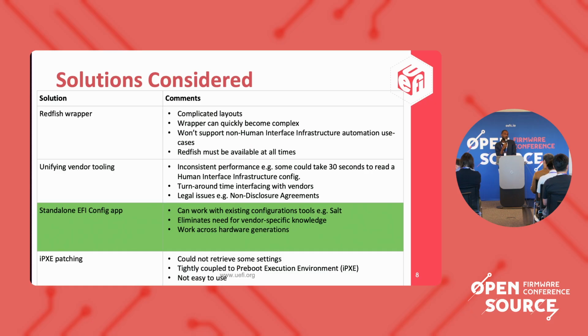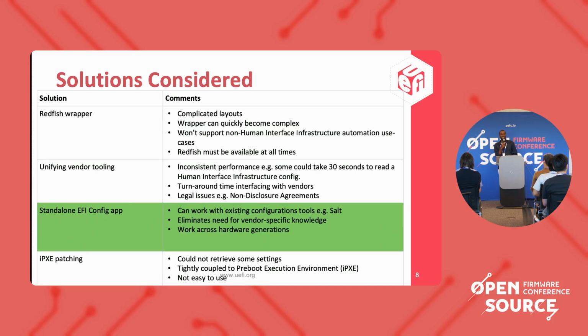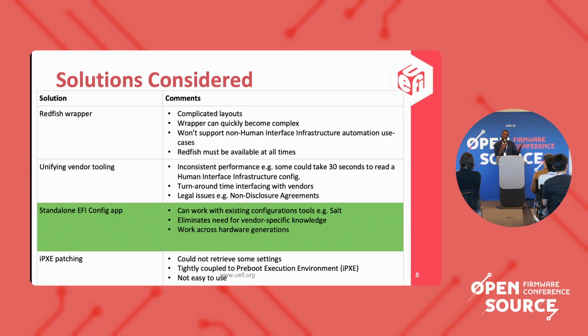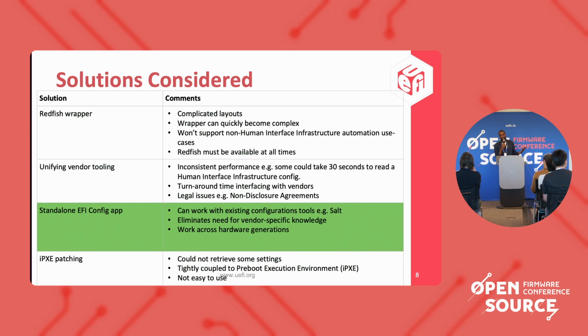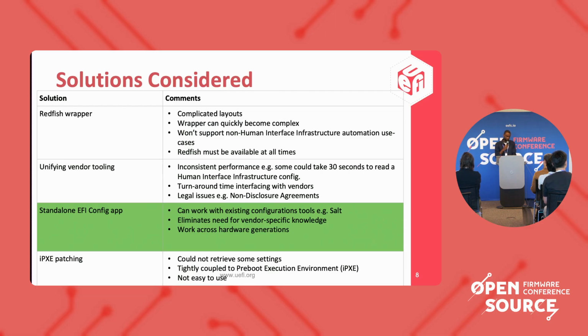We also said some of the vendors provide proprietary tooling to modify the settings, but then we would have to put an API in between to interface with all of this tooling, and of course, then the legal issues, having to sign non-disclosure agreements. Also, we would have to read a whole lot of documentation from the vendors to do all of the mapping.